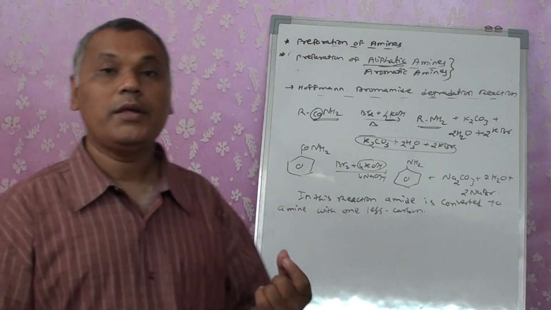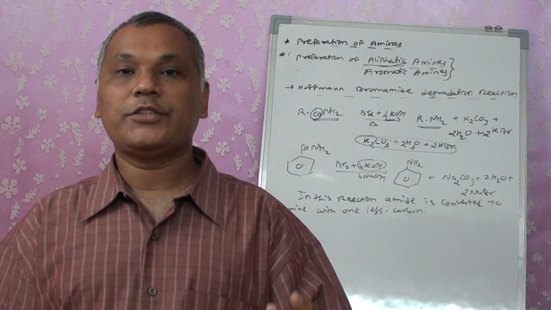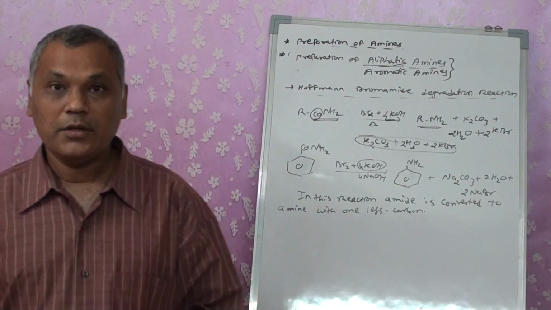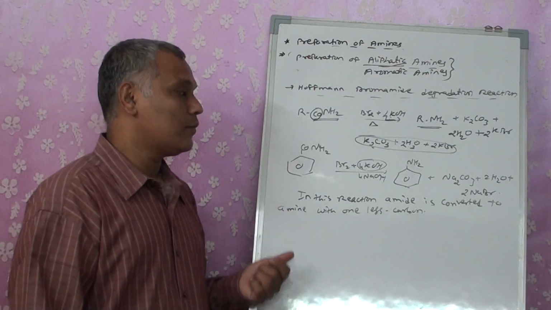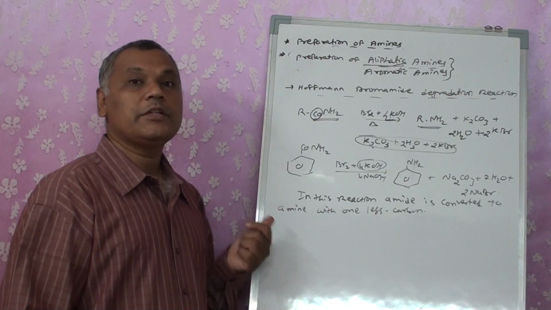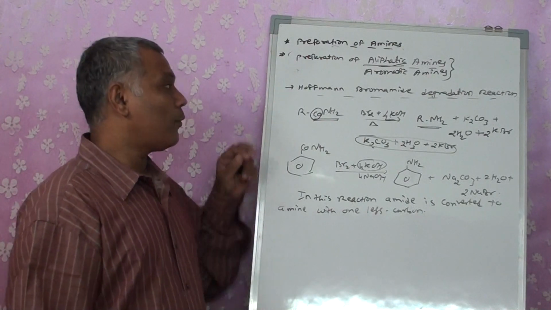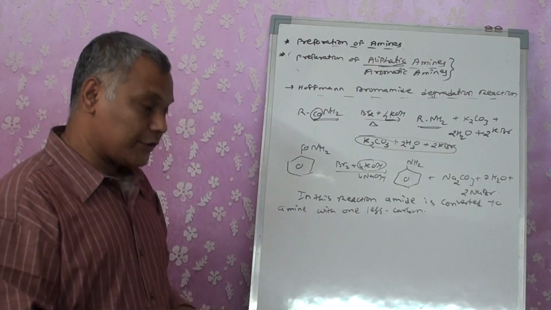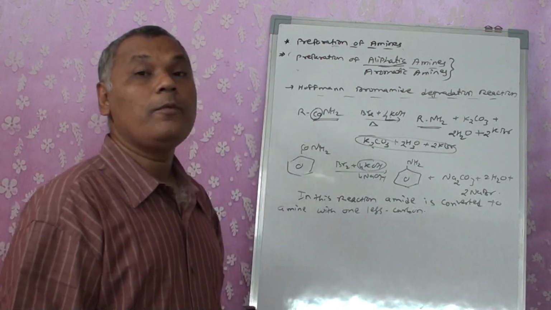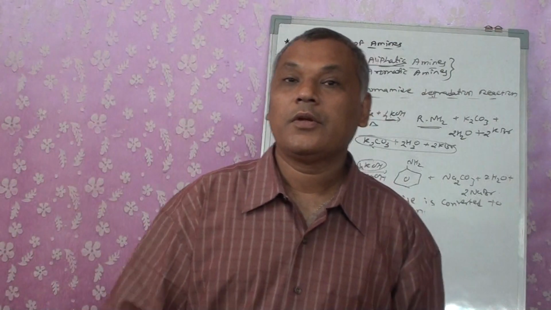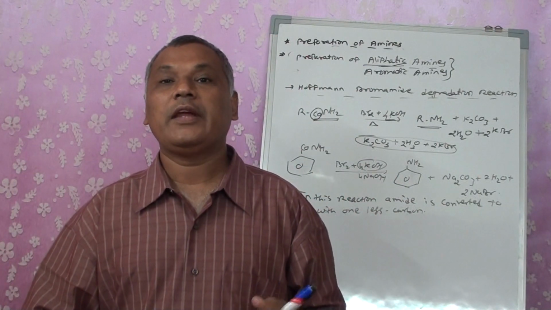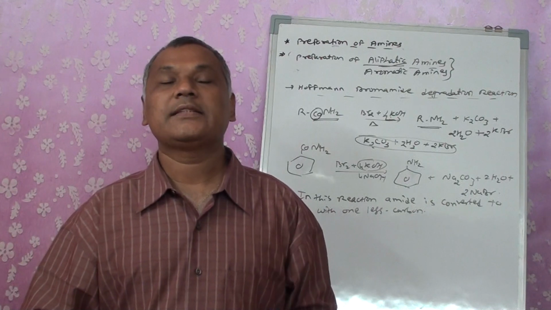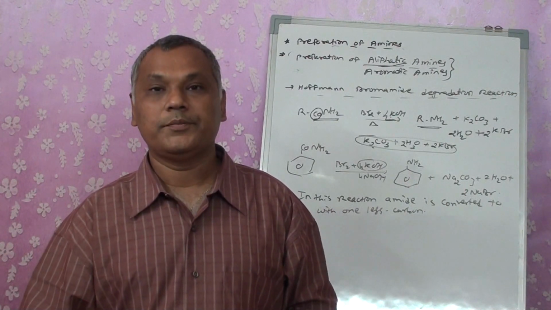So that's why it's called degradation. There is a reduction in the number of carbon atoms by one. Right? So it's a degradation. Or you can remember Hofmann bromamide reaction, or this particular reaction can be remembered for conversions also, the conversion in which we can have one less carbon atom.